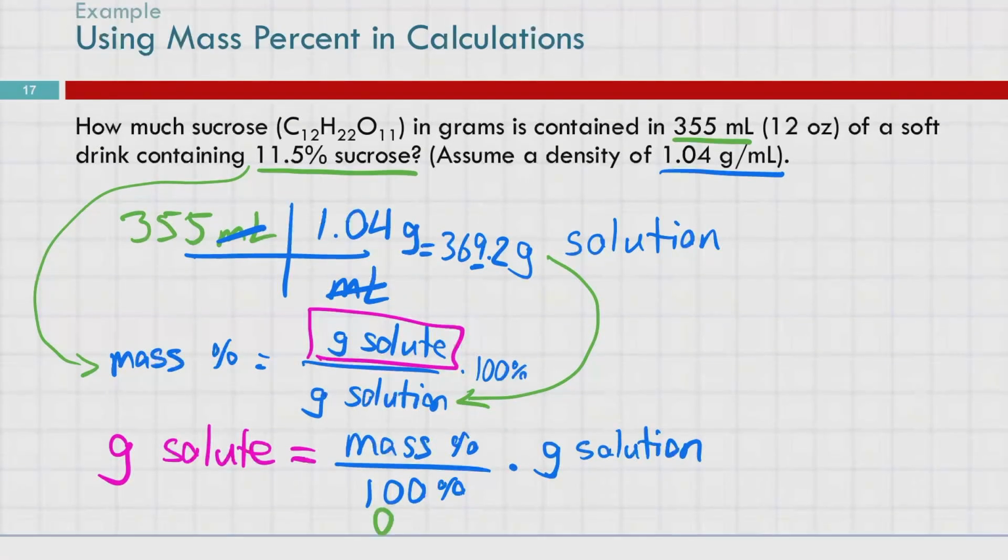So that'll end up being 0.115 times our grams of solution, 369.2.